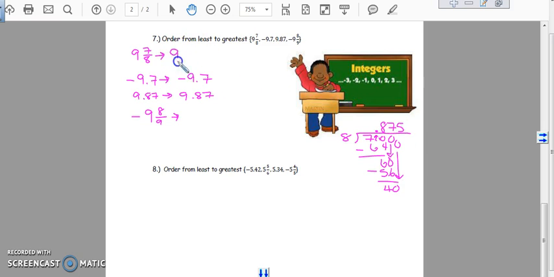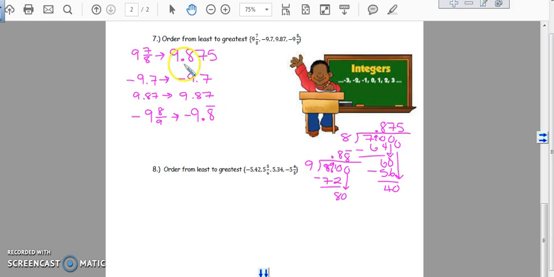So this is 9.875. 8 over 9, so top on the inside, bottom on the outside. 9 can go into 80, 8 times, that's 72. So that gives me 8. Gives me another 8. So we see that it's repeating. So this is negative 9.8 repeating.